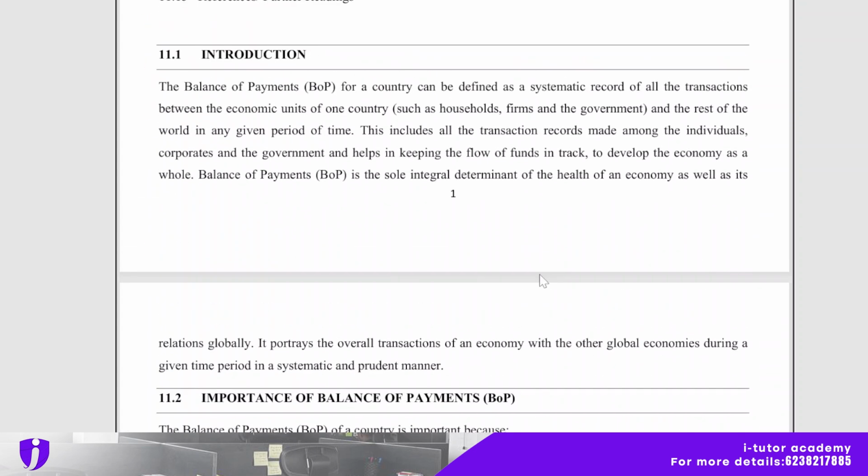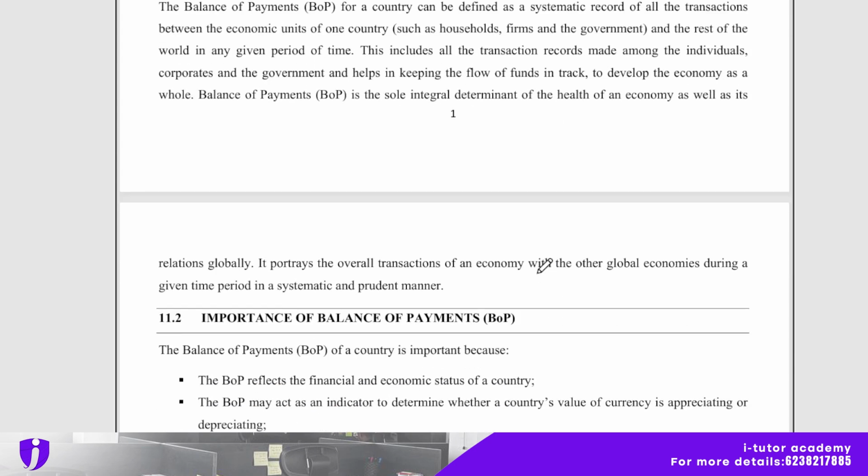The balance of payment for a country can be defined as a systematic record of all the transactions between the economic units of one country, such as households, firms and the government, and the rest of the world in any given period of time. This includes all the transaction records made among the individuals, corporates, and the government, and helps in keeping track of the flow of funds to develop the economy as a whole.